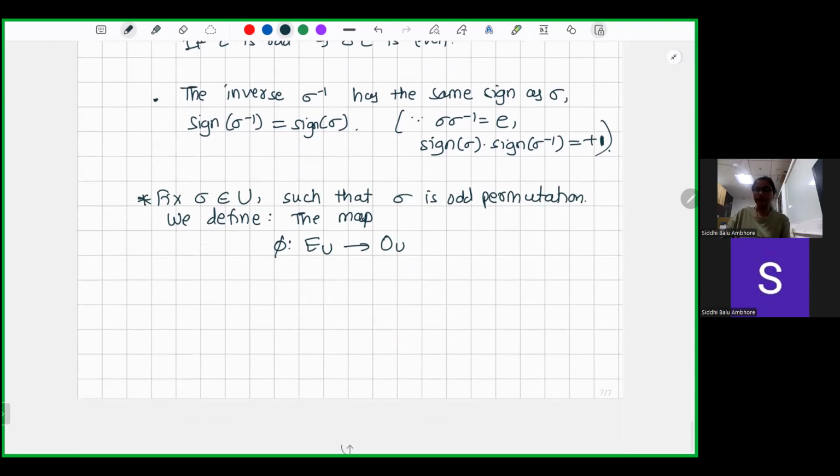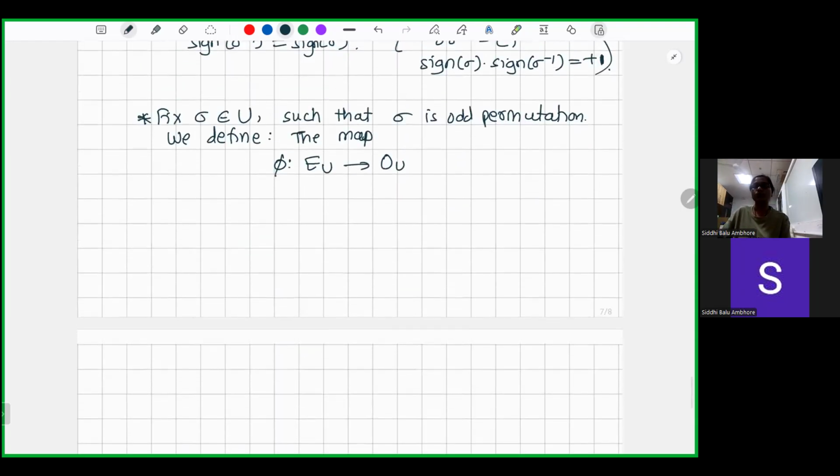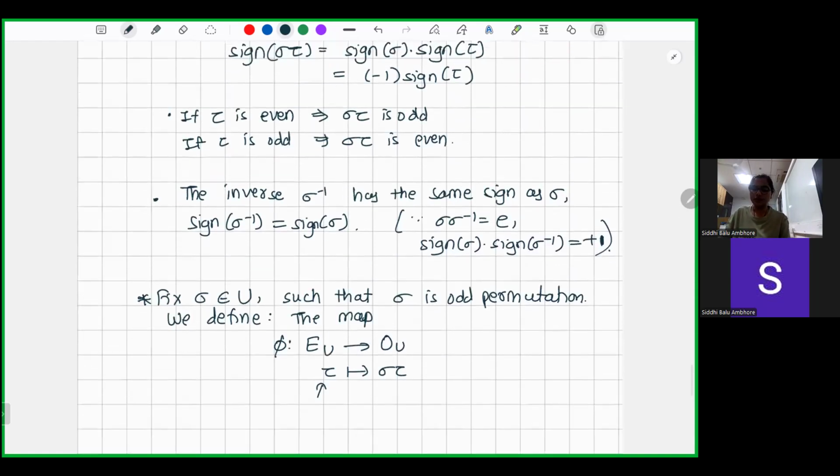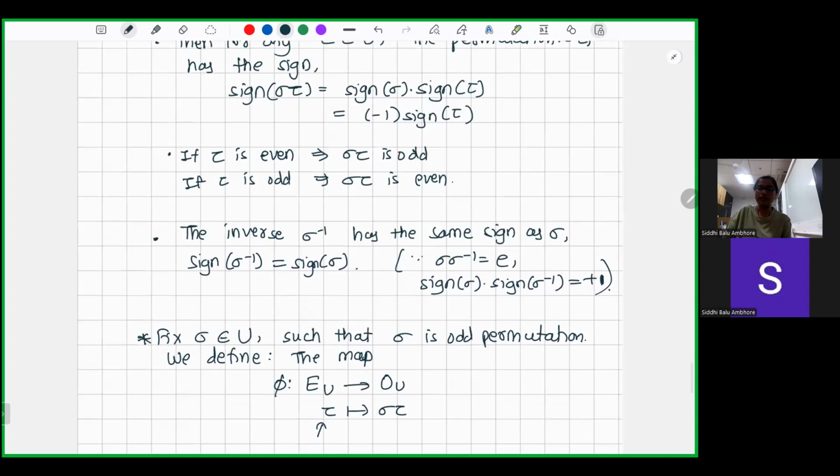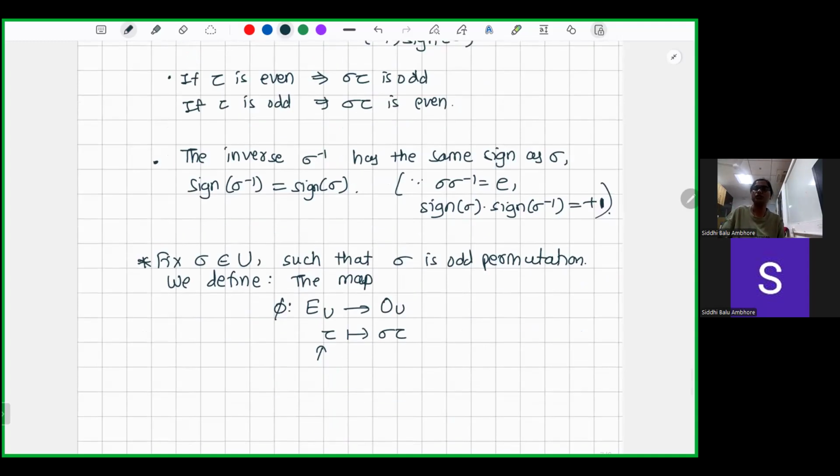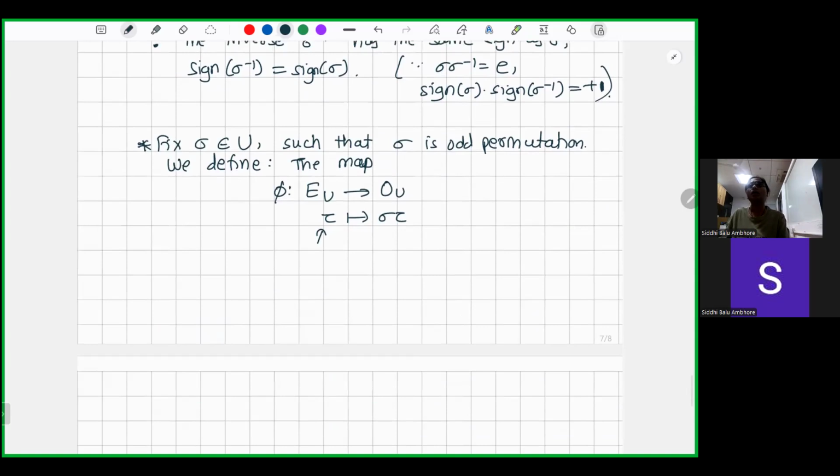And we define the map from EU to OU such that any tau here goes to sigma tau. Note that every permutation here is even, and we saw that when I multiply an even permutation with an odd permutation, I get an odd permutation.